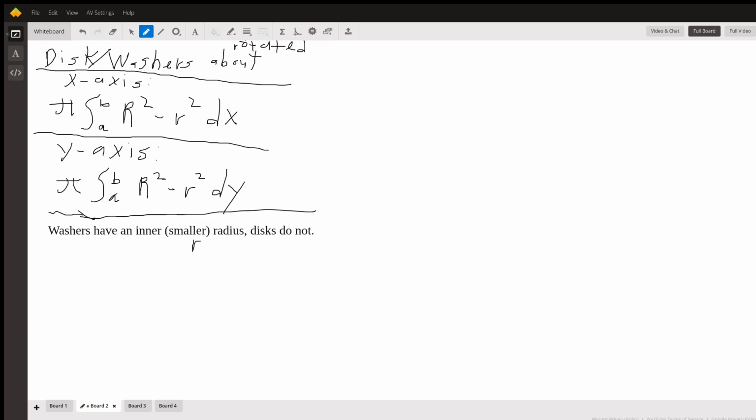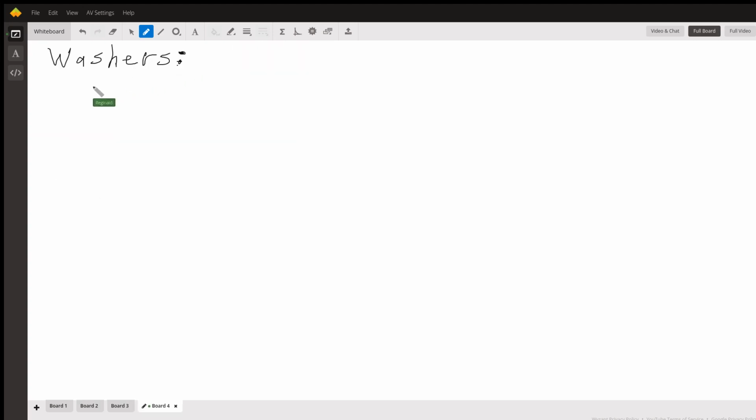It's going to be the second one, so it's going to be pi times the integral from something to something of something squared minus something else squared dy.